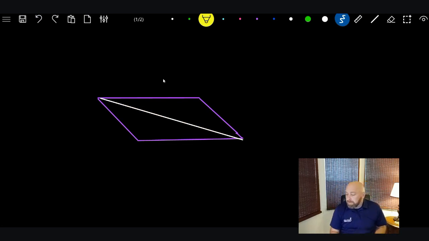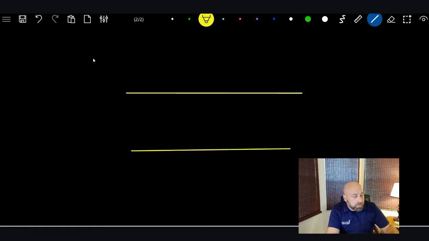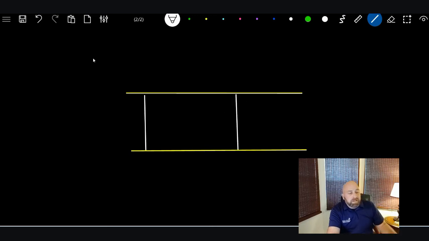Corollary 19.3, parallel lines included between parallel lines are equal. In other words, here's what that looks like. Let me just get a new one. So parallel lines, and parallel lines included inside of these have to be equal.